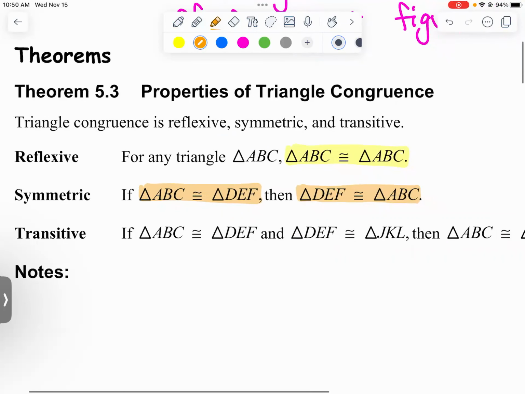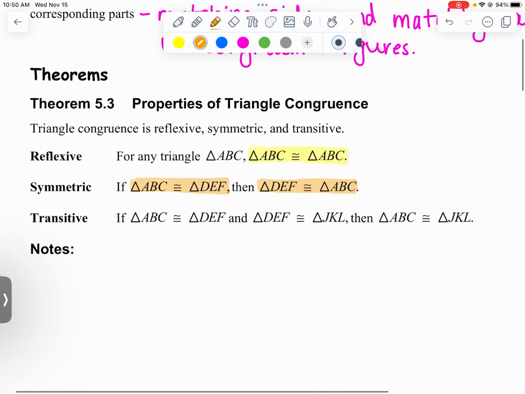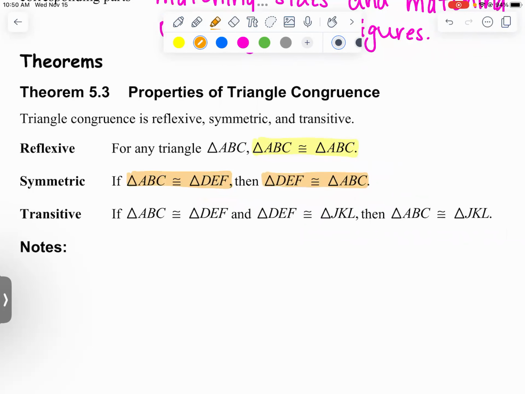Then we also have the transitive property. We can say ABC is congruent to DEF, and DEF is congruent to JKL. So, hey, sandwich, the breads are congruent.